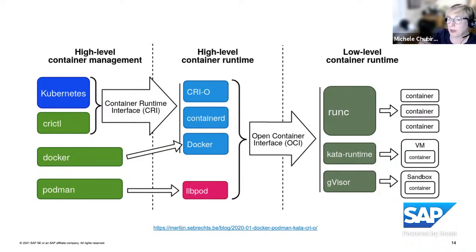And then you have low-level container runtimes. This is important. runC. For example, the reason why this is important, there was a couple of years ago a really obnoxious runC vulnerability. It was indifferent to whatever high-level container runtime or container management you used, but a lot of them were using runC at the heart.